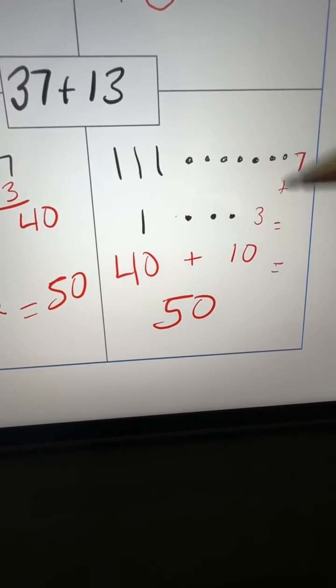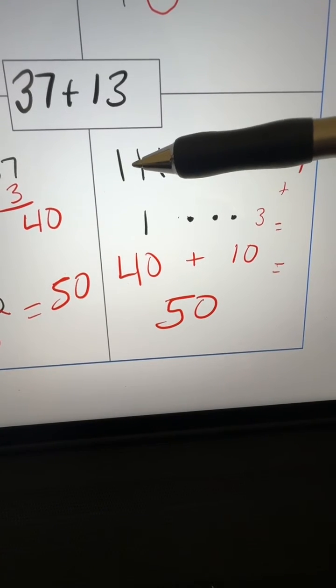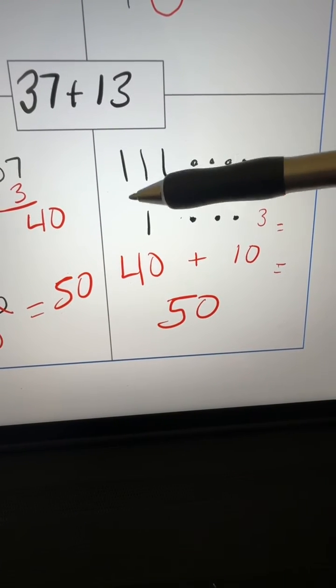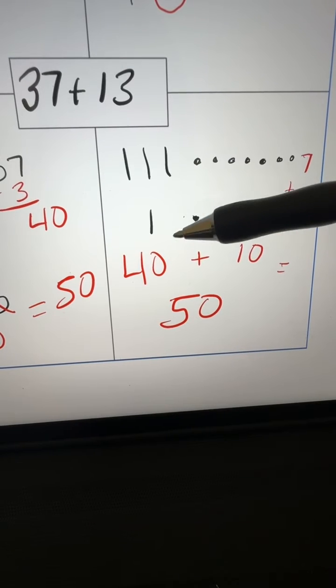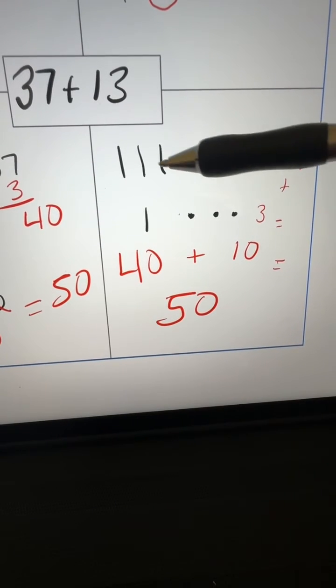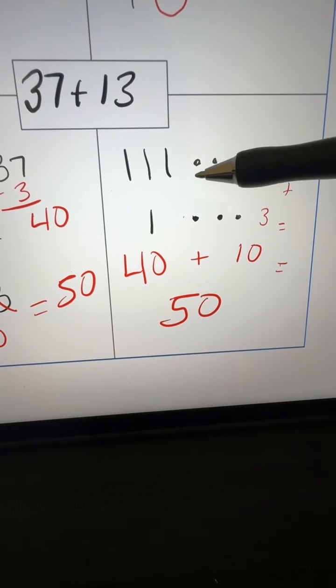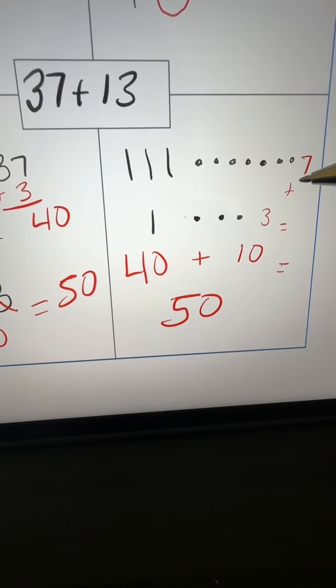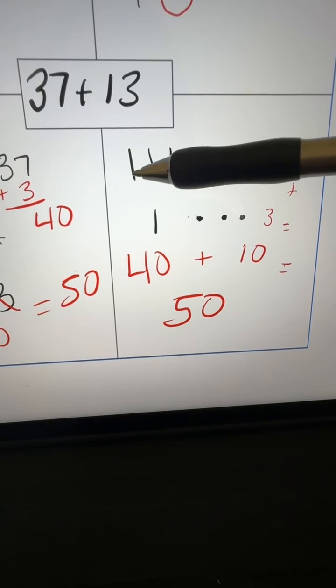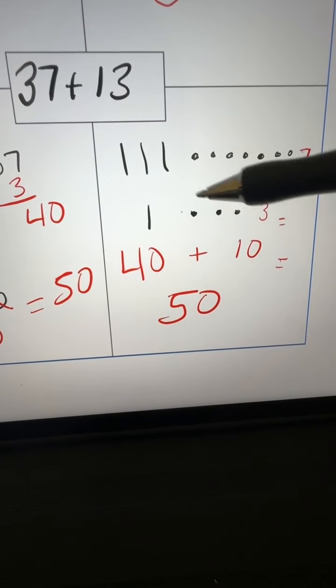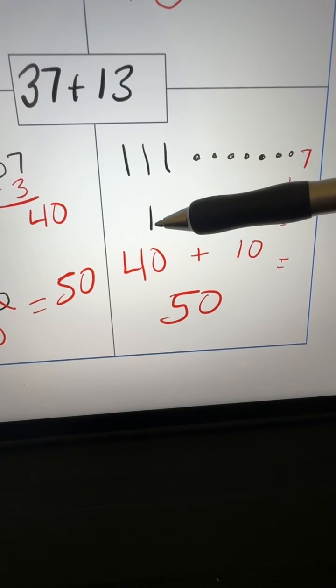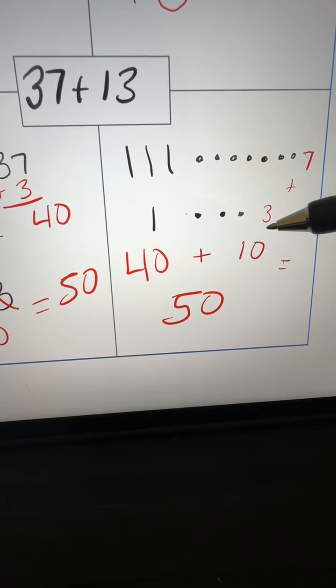And another one that I would have them do, I can't remember the name, but the lines to represent the 10 units. So the lines to represent the 10 units would be 30 and then 7 dots. So it would be 37, and I would have them go above and then 1 unit right here plus 3, so that would be 13.